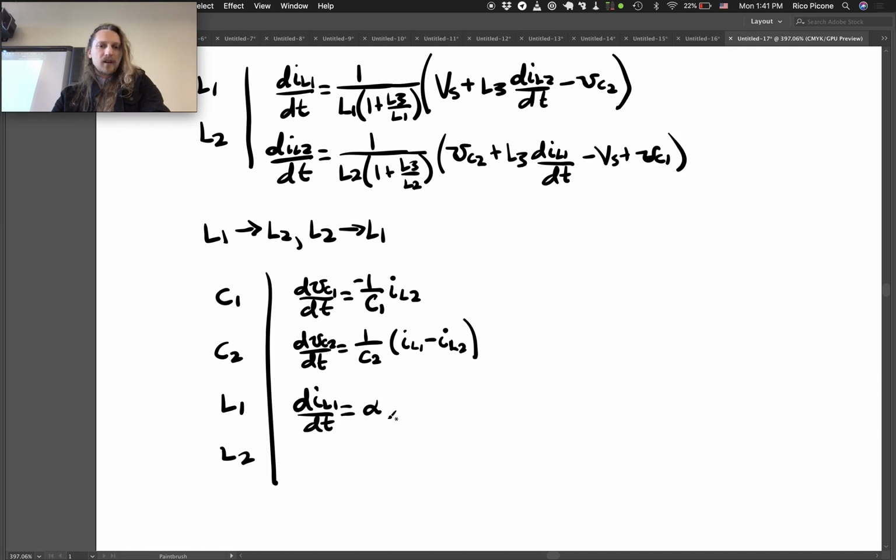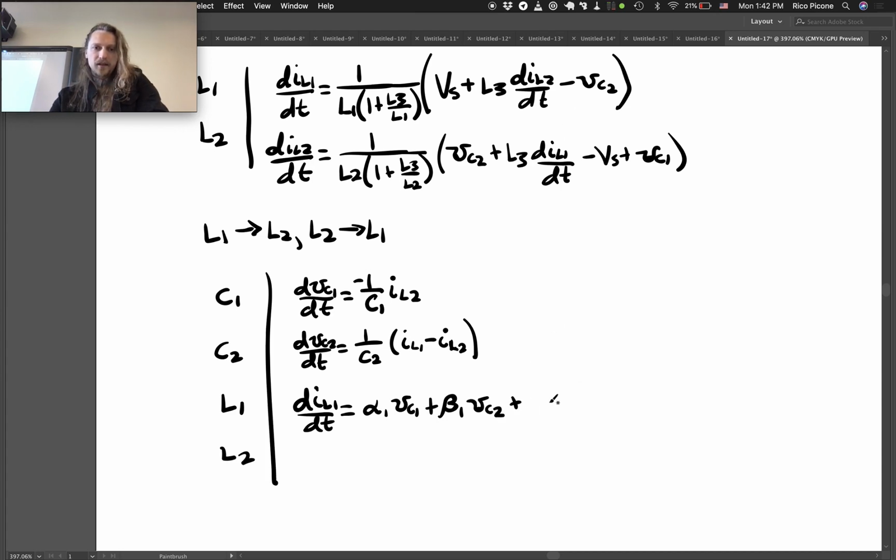I'll call it alpha 1 Vc1, plus beta 1 times Vc2. There's also a Vc2 term in here.